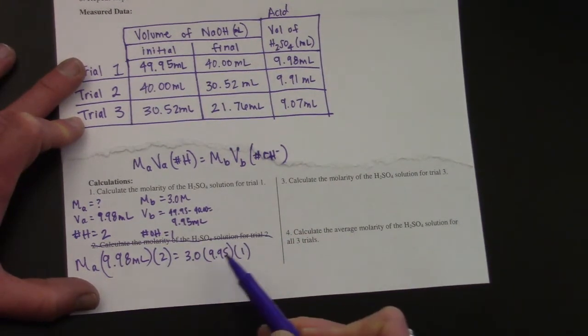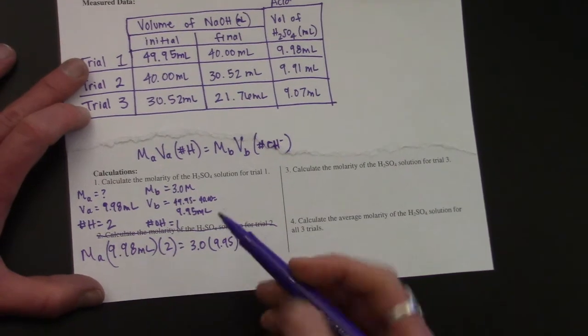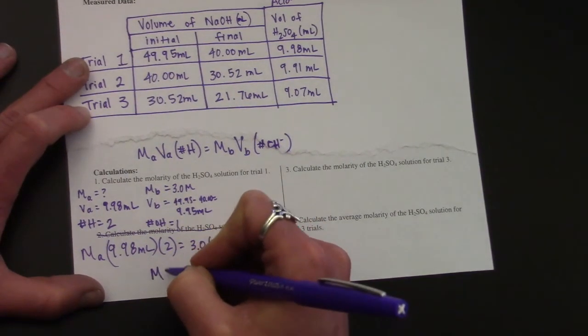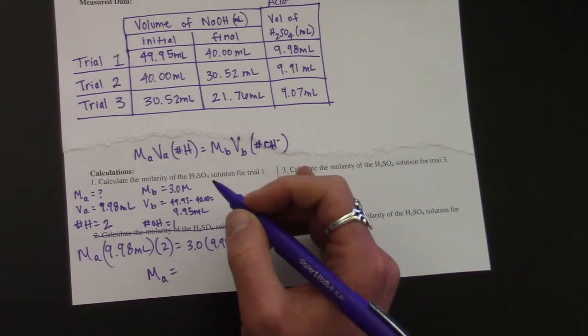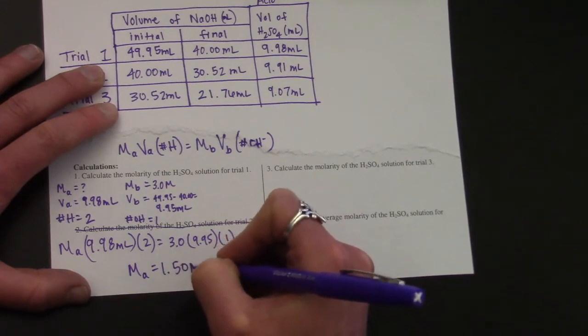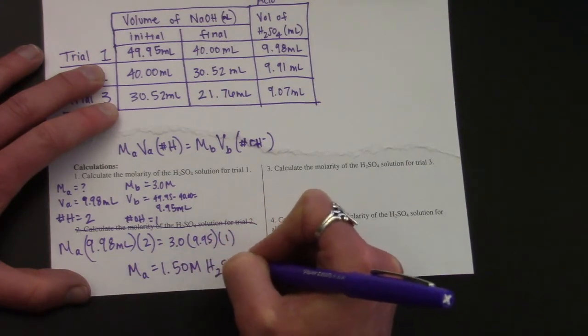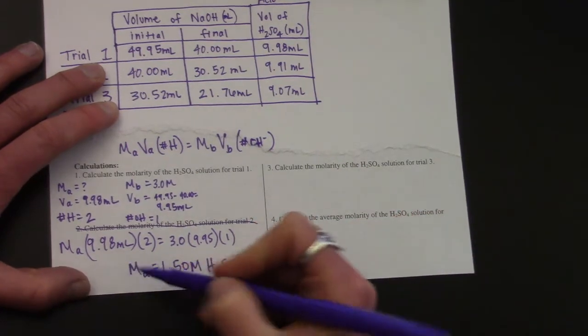So I'm going to multiply these together and divide by this and this. So the concentration of my acid comes out to be 1.50 molar H2SO4. Notice that when I write my answer, I write the unit and the substance. Make sure you do that on your test as well.